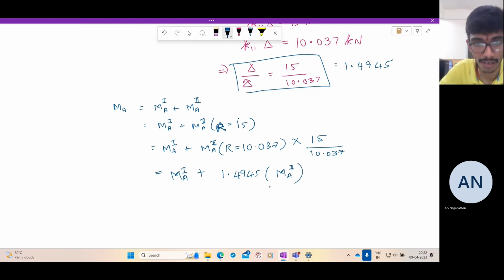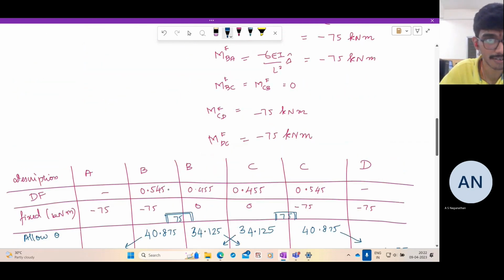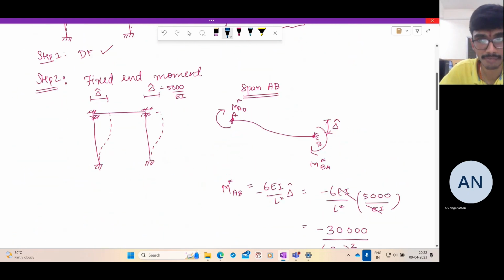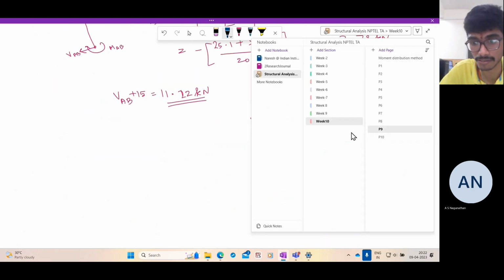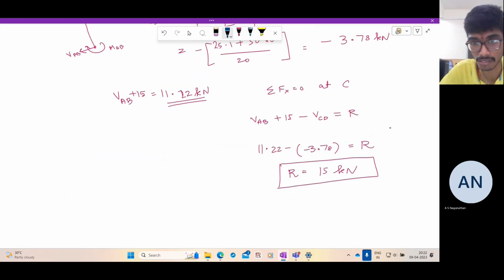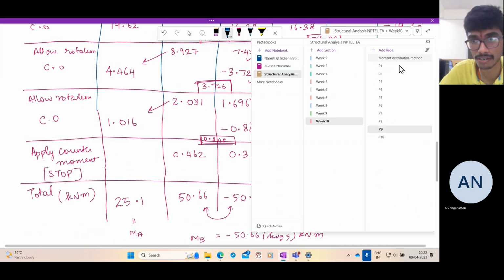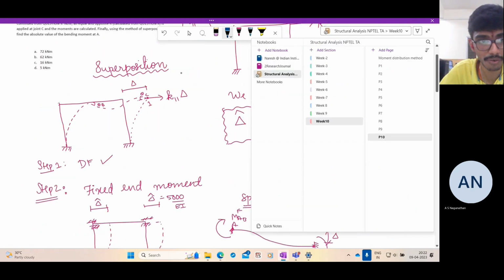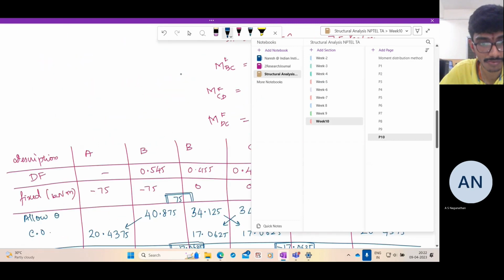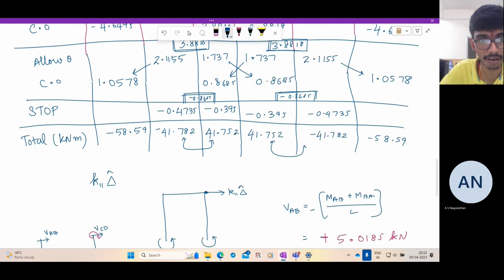So what are the values in problem 1? I think it is 25.1. It is in problem 1, in the previous page. Yeah, 25.1. And in problem 2, it is 58.59.